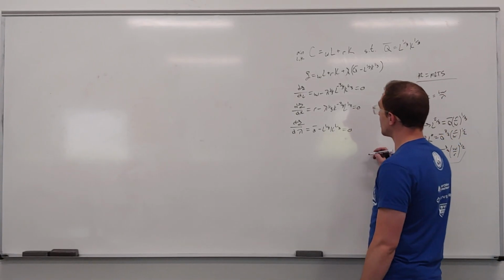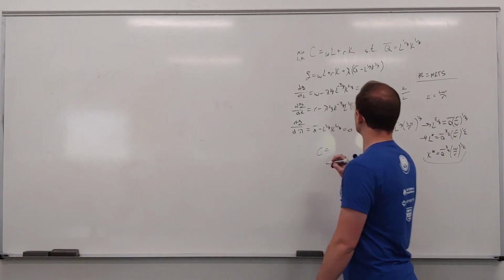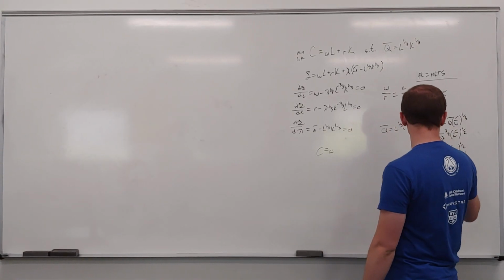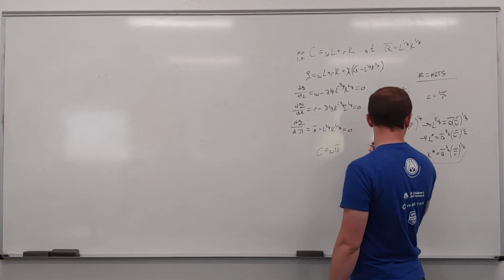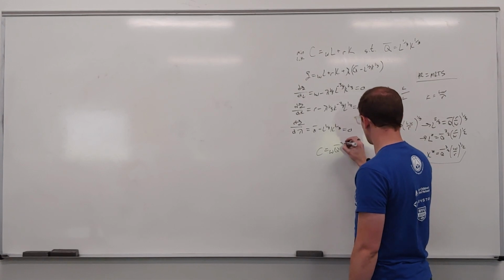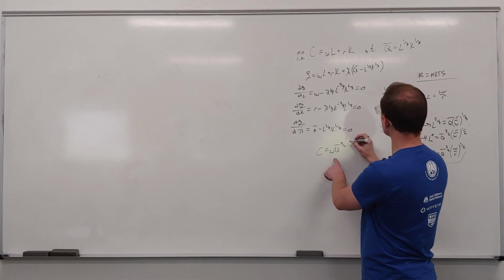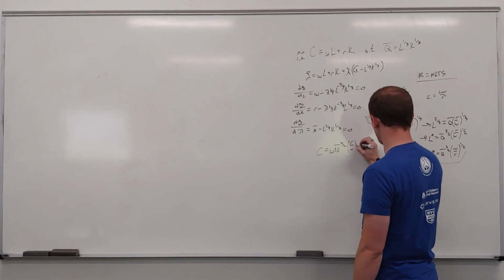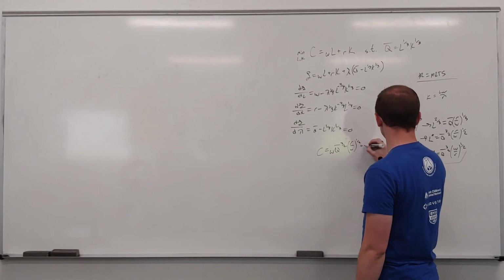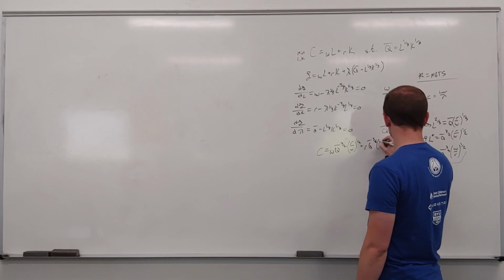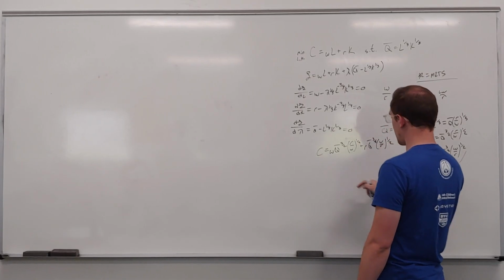And you can actually plug that back in to your cost function, and you get your cost now equals W, and where's your L right here? So that's Q bar to the 3 halves, R over W to the 1/2, and then that's plus R times Q bar to the 3 halves, W over R to the 1/2.